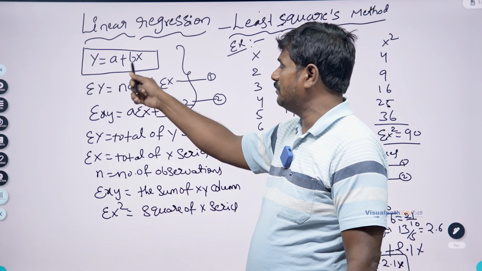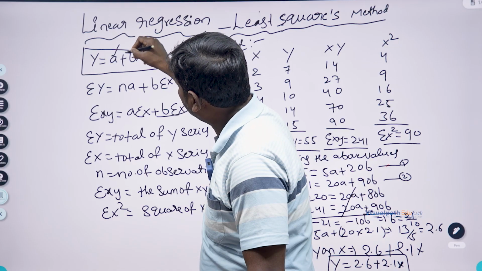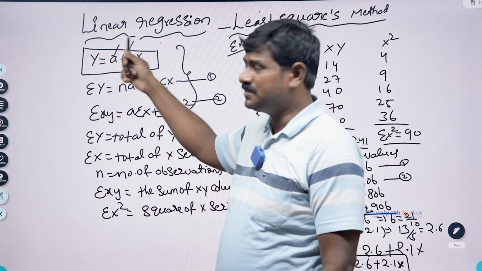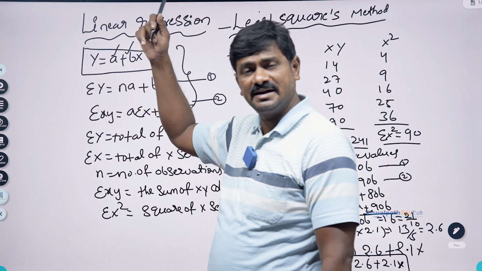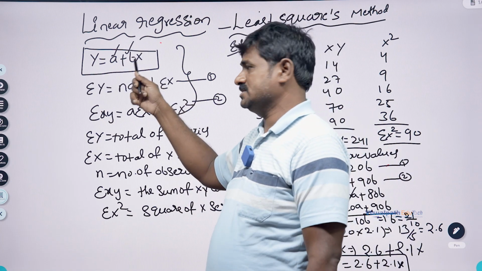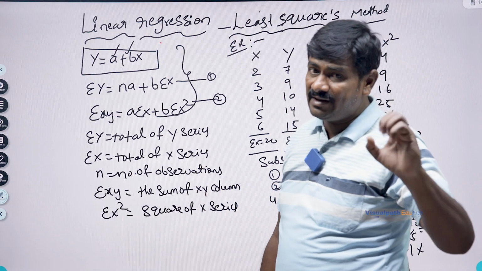Then we need to calculate the a, b values. Here y and x are the values we will get from the question. So we have to find these a, b values. These a, b are the constant values we have to find from the given information.